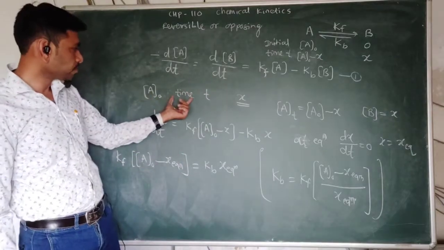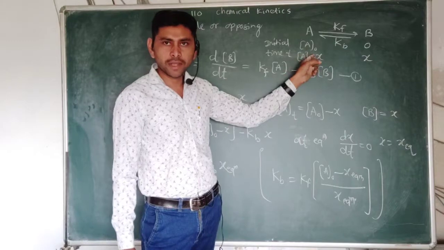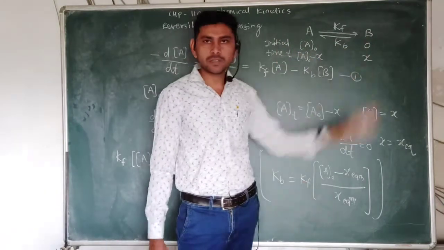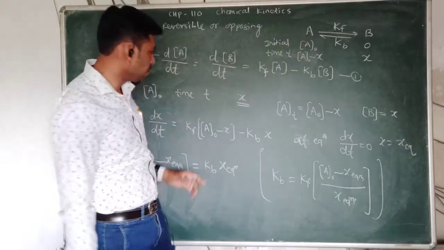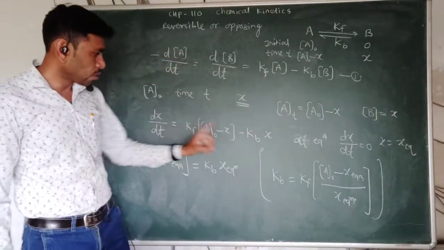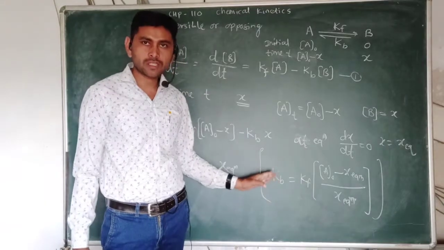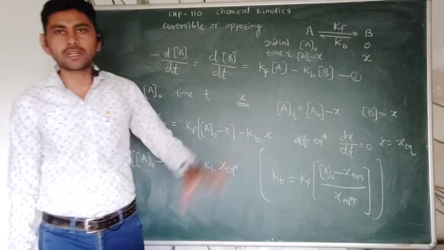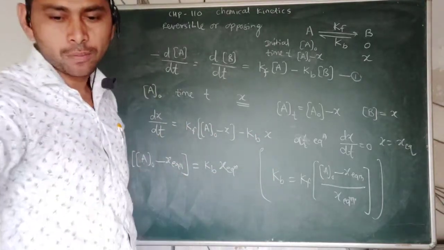But at time t, the concentration of reactant has decreased by the amount x, while the concentration of product has increased by the amount x. So at time t we can write this, and we obtain these two values. By substituting these two values, we can obtain the final equation for the rate constant for the backward reaction, and from this equation we can also calculate the rate constant for the forward reaction. So this is about reversible or opposing reactions.